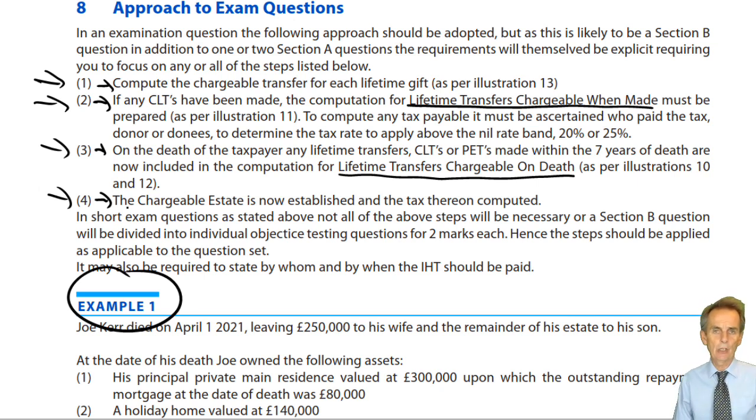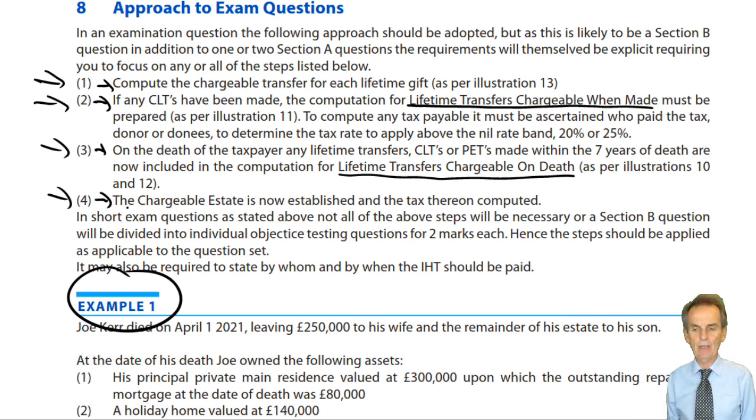In each case, as regards the basic normal 325,000 nil rate band, and also the very specific residence nil rate band, you also need to know whether or not the spouse or civil partner of the individual who has sadly now died predeceased this particular taxpayer, and whether then they used some or all of their original nil rate bands and residence nil rate bands.